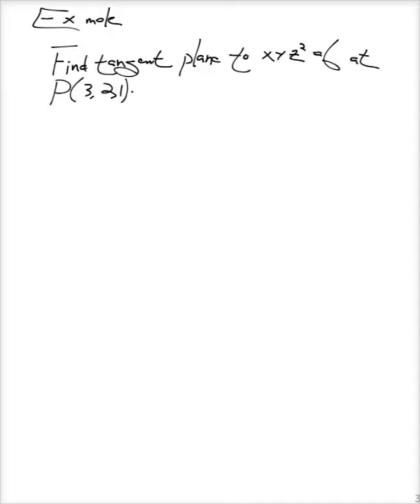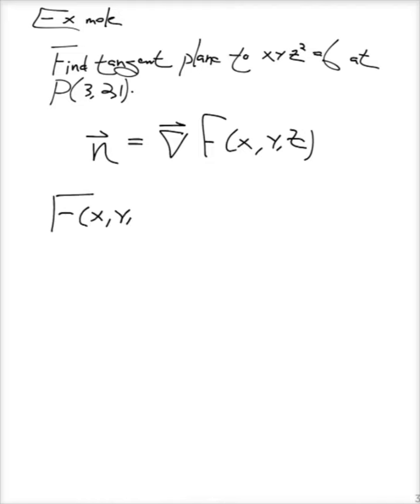Remember, to do this, our technique now is to obtain a normal vector, which is the gradient of some function of 3 variables. And this should be evaluated at the point. But we don't have a function of 3 variables defined. So before we do this, we need to define this function f of x, y, z, for which this surface is a level surface. So let's define f of x, y, z equals x y z squared minus 6.